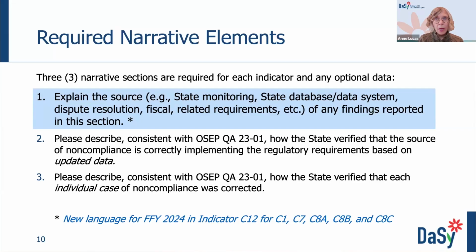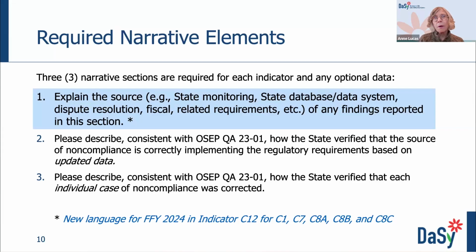And I do want to point out that we have pulled this information from the new FFY 2024 APR template. And the number 1 item that you see in blue on the screen is new for C1, C7, C8A, C8B, C8C in Indicator C12. These are not in the individual indicators in the APR. That particular item is only in C12, but it was in there under the optional reporting last year.